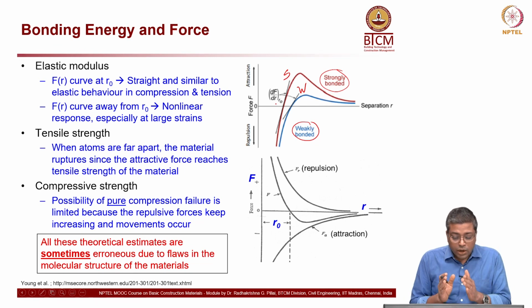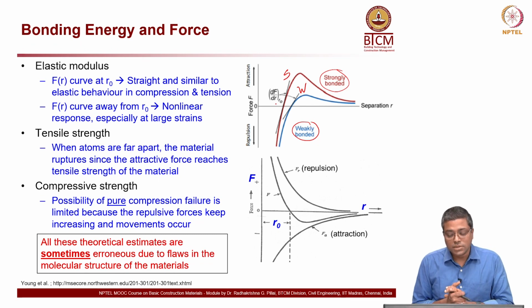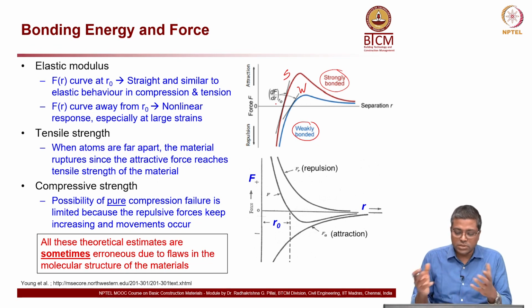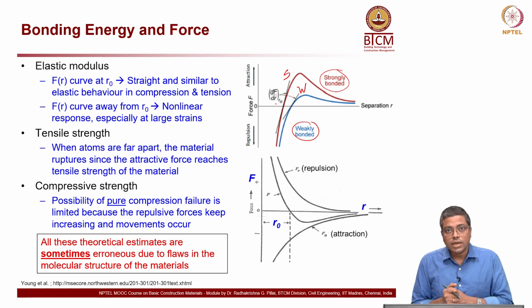Also, that is a straight line over there, which indicates we can actually determine the modulus of elasticity. If I convert this into a stress and strain relation, then I can calculate the modulus of elasticity.